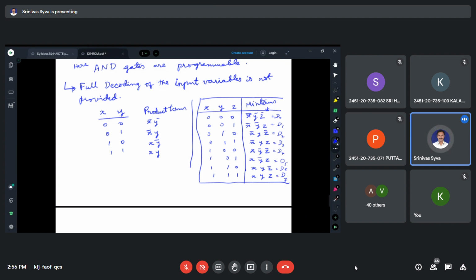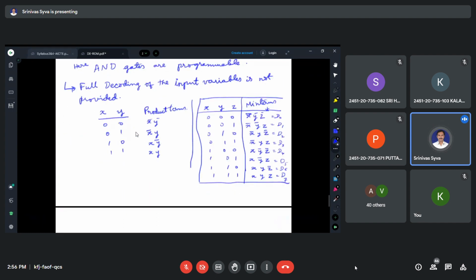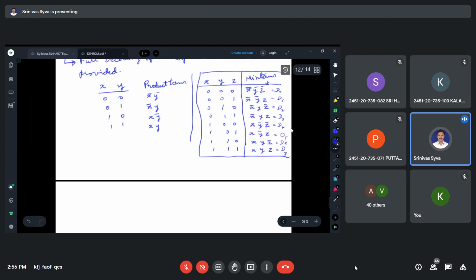But in the programmable array logic, we will not be provided with full decoding of the input variables. That means all the min terms are not generated. One example you will see.